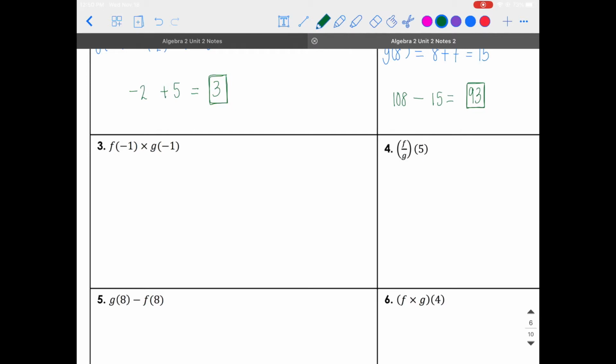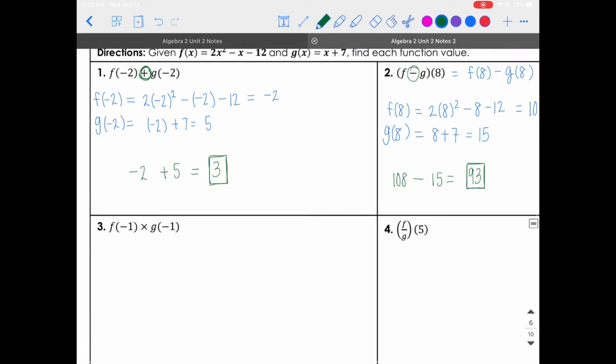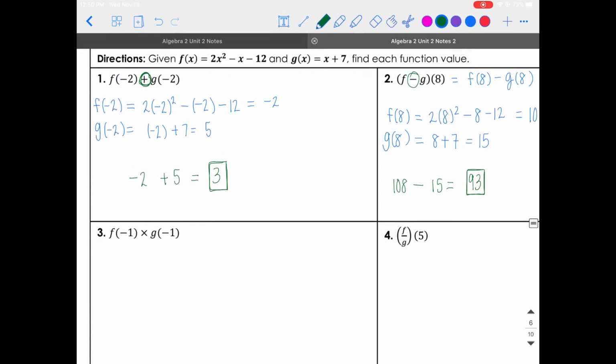Number 3, f of negative 1 times g of negative 1. So we're going to find our answers separately. So f of negative 1, if you plug that in the calculator, you get negative 9.